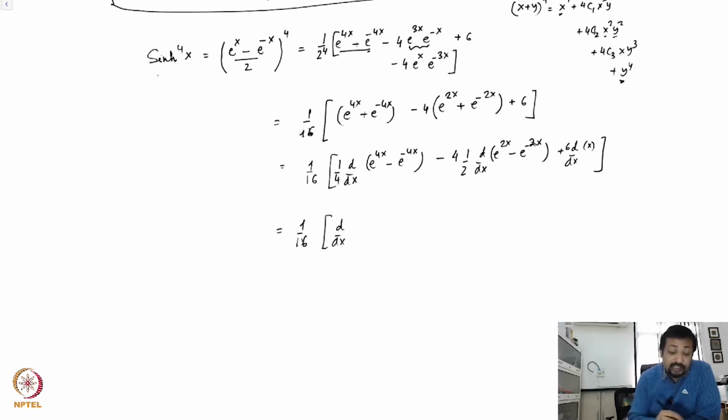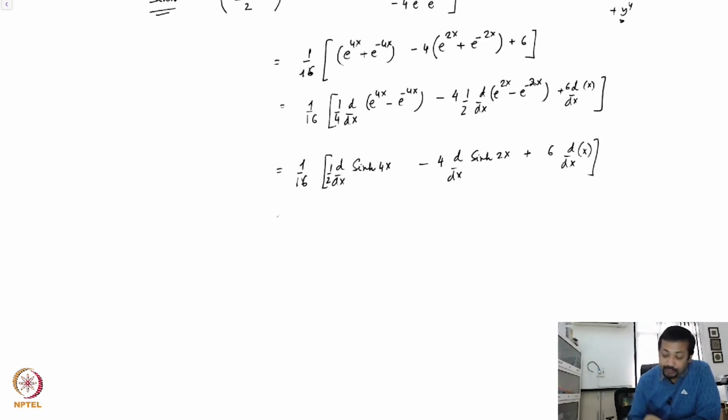Since I'm going to integrate this, if I write it as the derivative of some function, then it's much easier for me. The 1/4 I can take 2 inside to write this as sine hyperbolic of 4x. Again I can take 2 inside to write this as 4 d dx of sine hyperbolic of 2x plus 6 d dx of x.